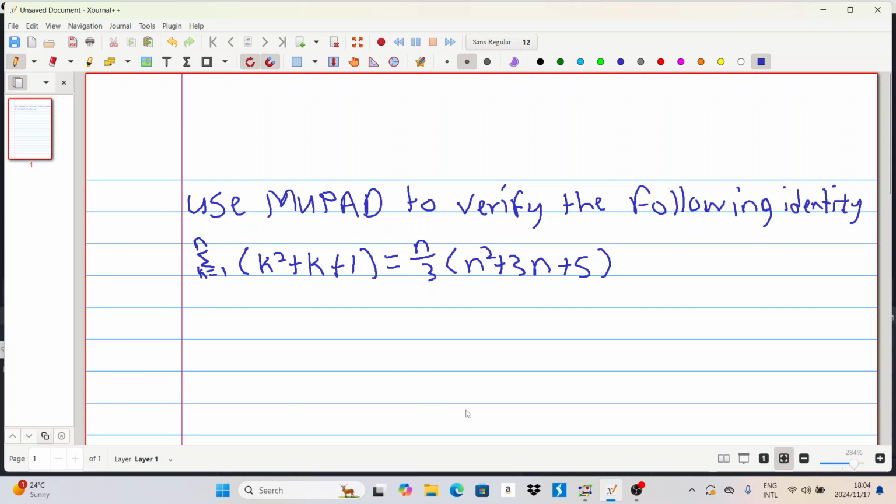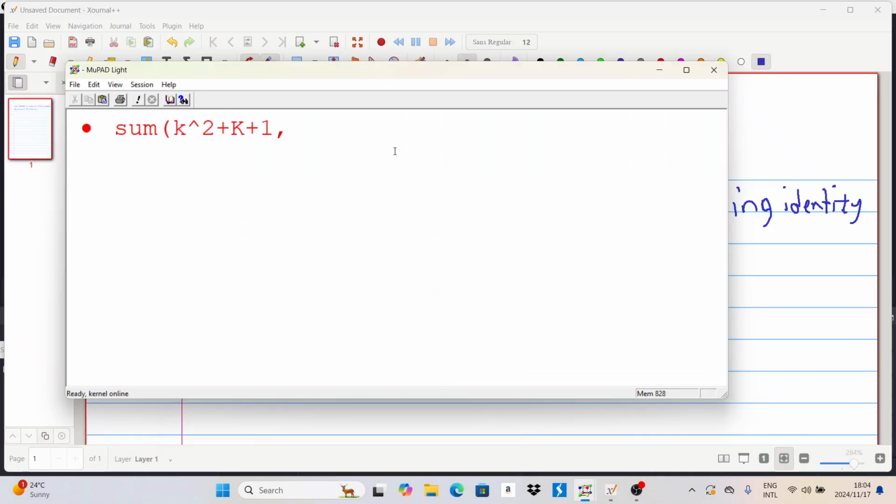Then we say comma, and then k is equal to 1 is the starting point of k, then dot dot to represent that it's going to end at n, from 1 to n.